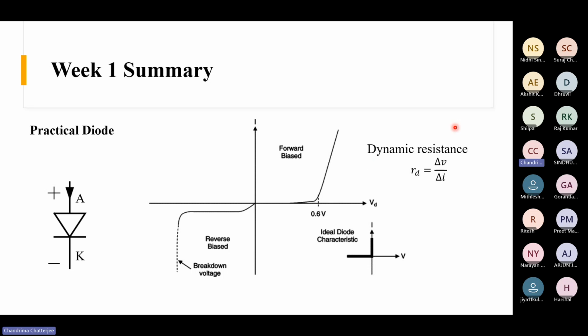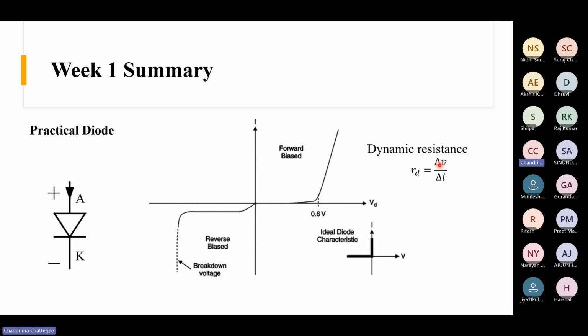So this resistance is called dynamic resistance. Why dynamic? Because the slope is not constant. The relation between VD and I is an exponential relation, so at each operating point the resistance value will be different, based on this equation. So this is called a dynamic resistance.